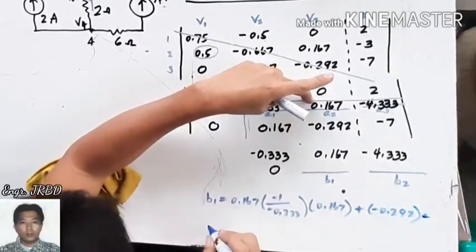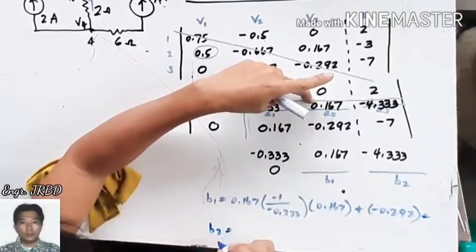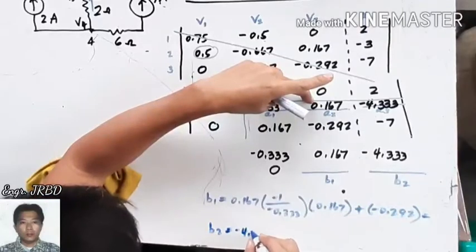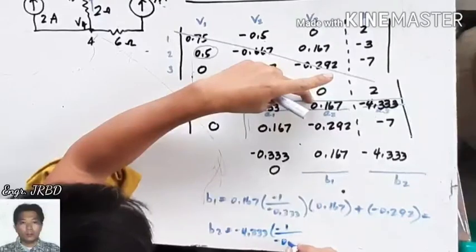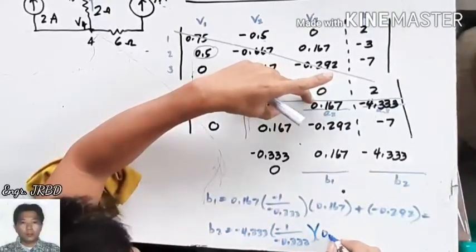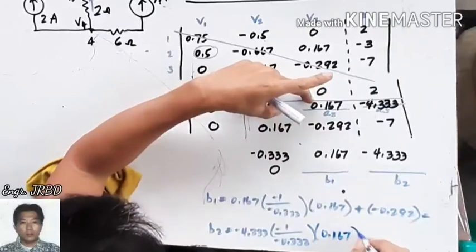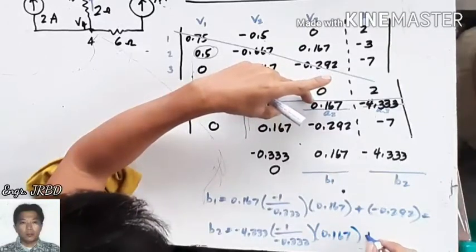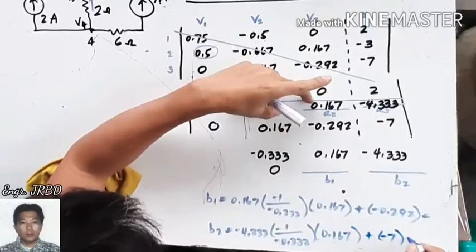And for B sub 2, that is negative 4.333 times negative 1 all over negative 0.333 times 0.167 plus negative 7.